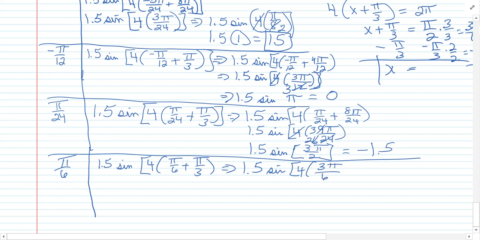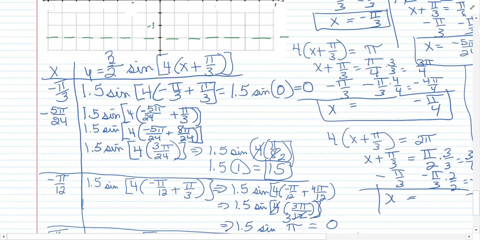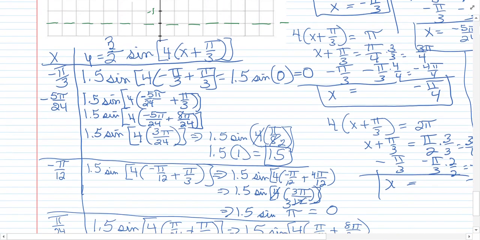Okay, and that's going to be, this is good math, pi halves, so this will be 2 pi. And of course that's 0. And there you have it. I've done all the math, and it's accurate.